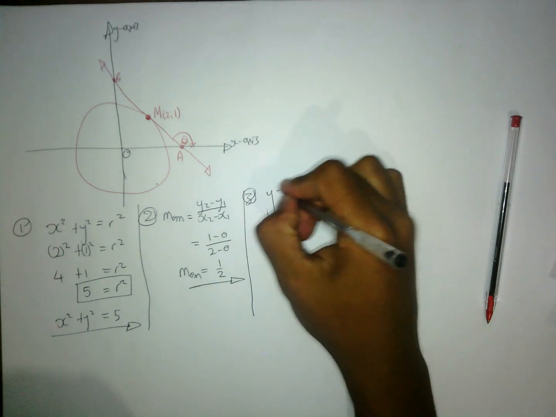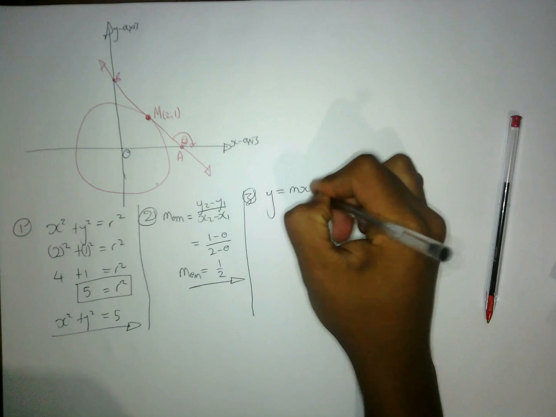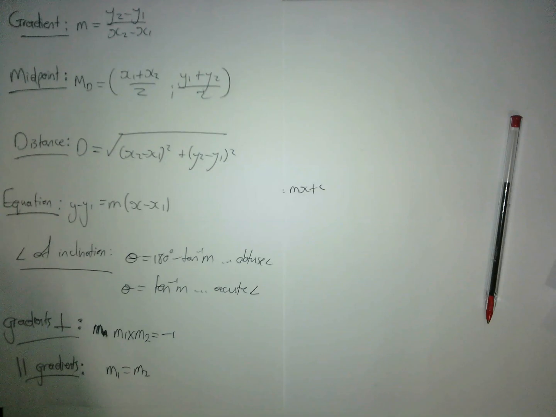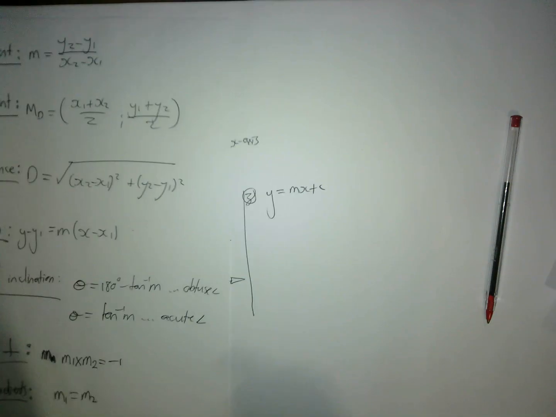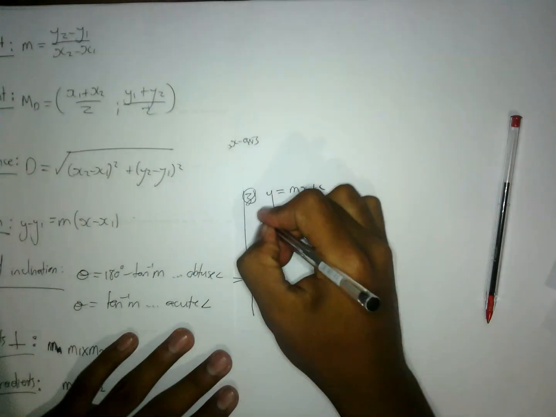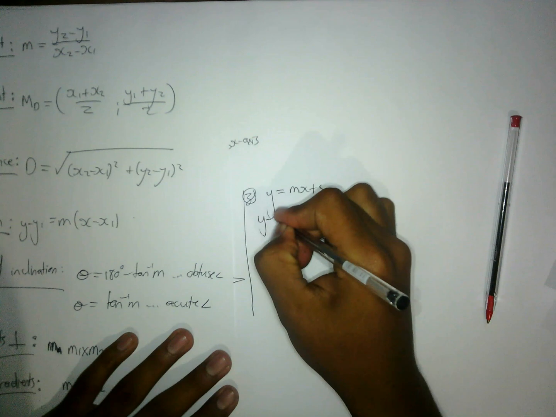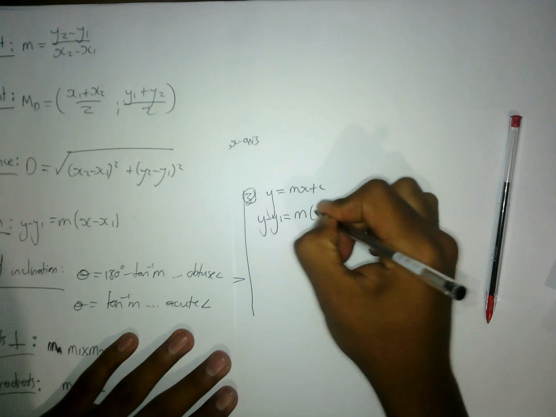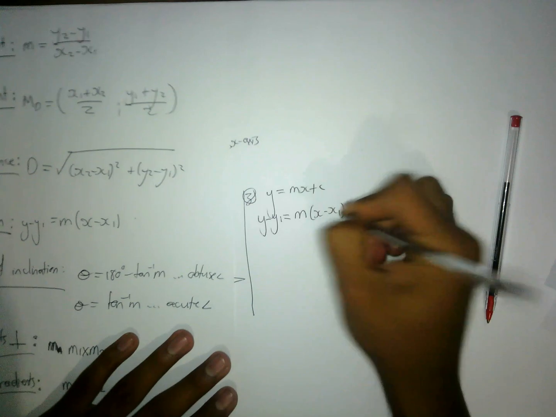By now we know that we are going to use this formula over here: y minus y1 equals m times x minus x1.